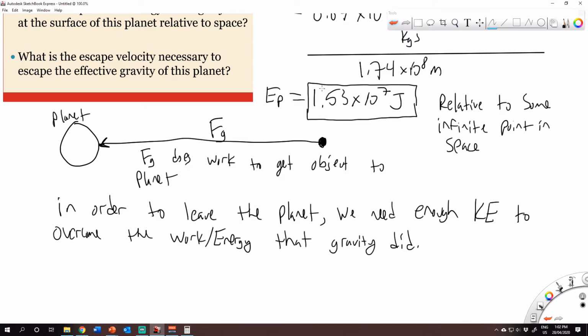We need to provide this much kinetic energy in order to escape the planet.